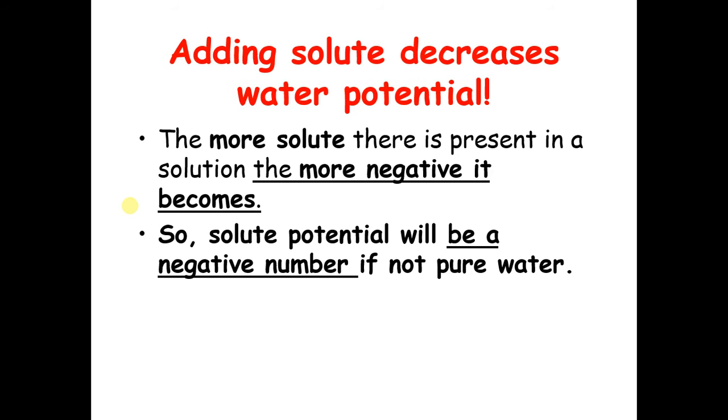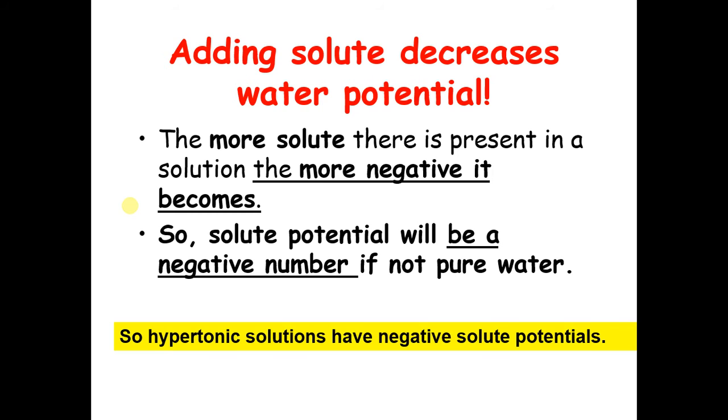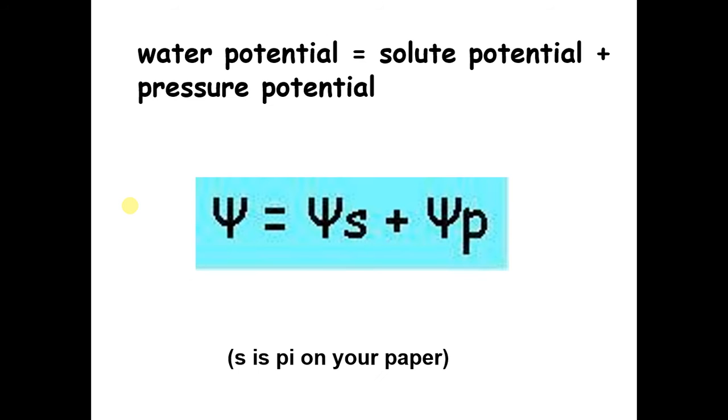If you do some calculations, or you do some in your homework, and you come up with a solute potential, psi sub s, that's positive, you did something wrong, go back and check again.